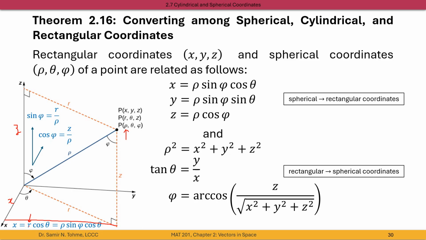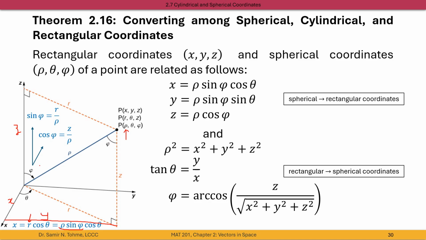Replace r over here, rho sine phi, and we already have cosine theta, multiplied by cosine theta. So we write our first equation, x equals rho sine phi cosine theta. Now, y is this side over here, right? So we know that sine theta is opposite over hypotenuse, so sine theta is equal to y divided by r.